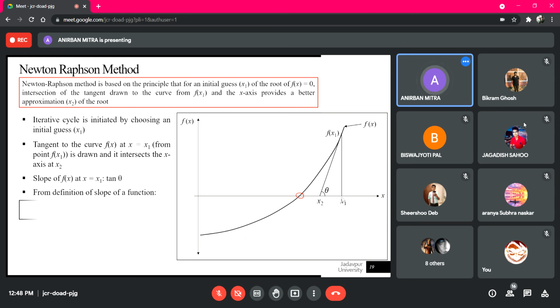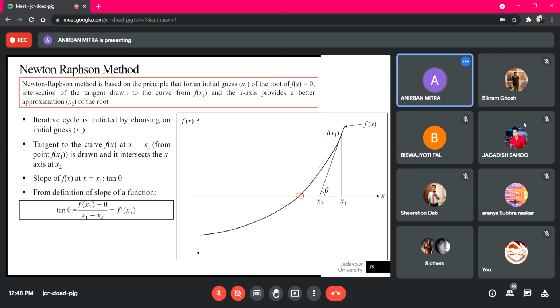It can be very easily obtained from the definition that this tan theta is f of x1 minus f of x2 divided by x1 minus x2. Now, what is f of x2? Sorry, I should not say f of x2. That is this value.